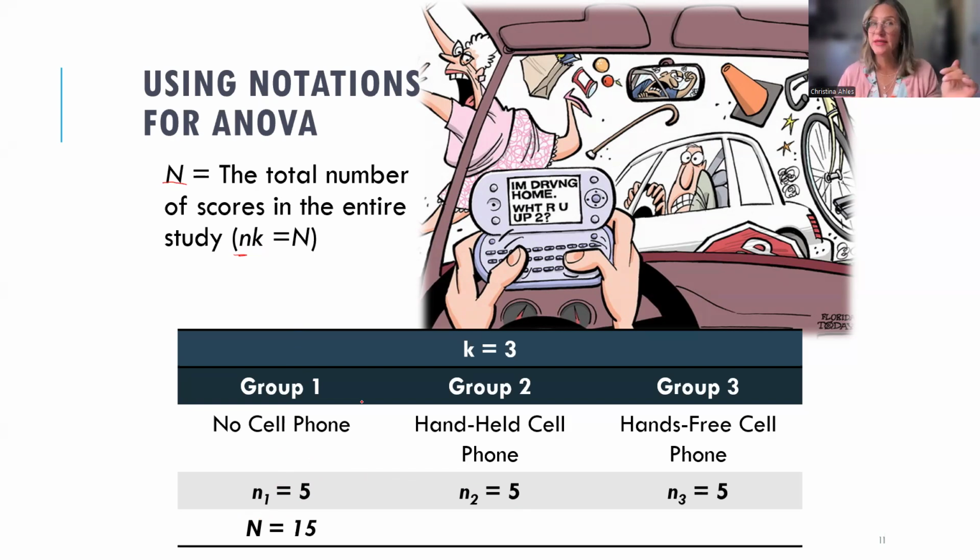So if it's equal sample sizes, it's easy to just multiply the number of conditions times how many are in each condition to get that capital N, the total number of participants or scores in the entire study.